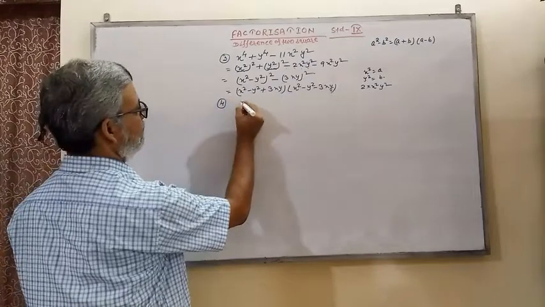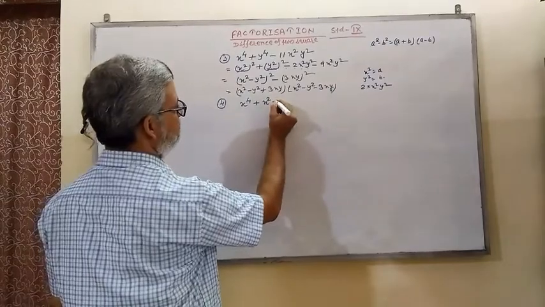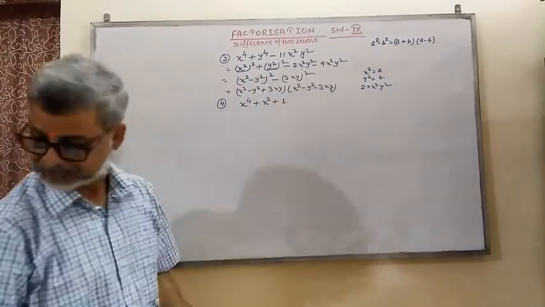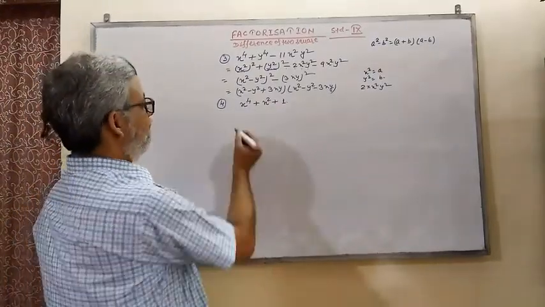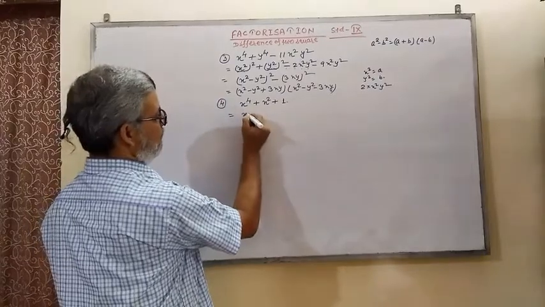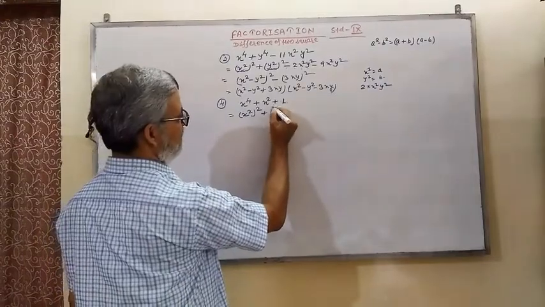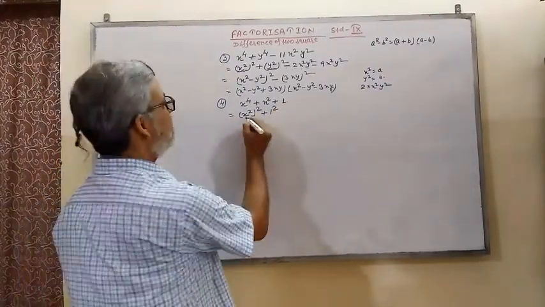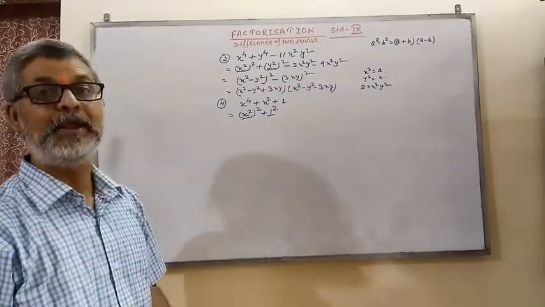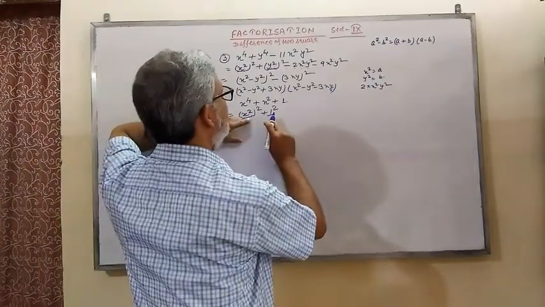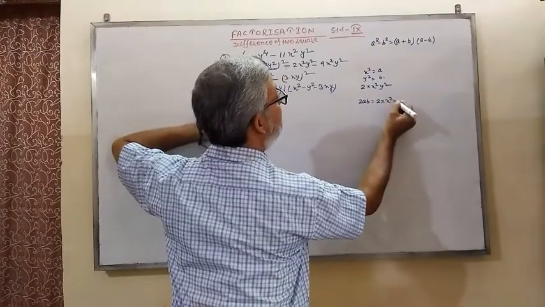Now fourth question. Suppose we are having x to the power 4 plus x square plus 1. There are three terms. Now x to the power 4 can be understood as (x square) whole square, plus 1 can be understood as 1 square. Now if it is a square and it is b square, then you think what is the value of 2ab? If a is x square, b is 1, so our 2ab value is 2 into x square into 1.